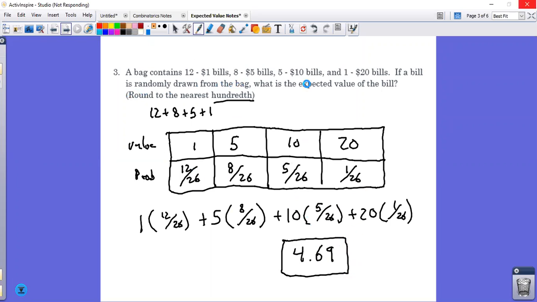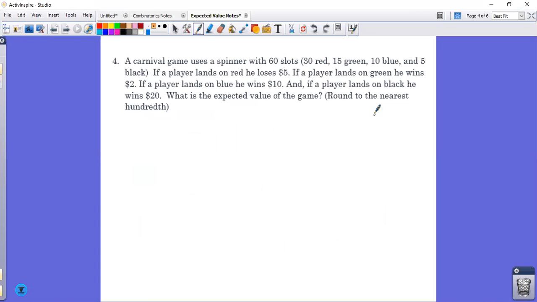All right, so the next one is the same idea, just a different setup. It's a carnival game. It has 60 slots and there's red, green, blue, and black.